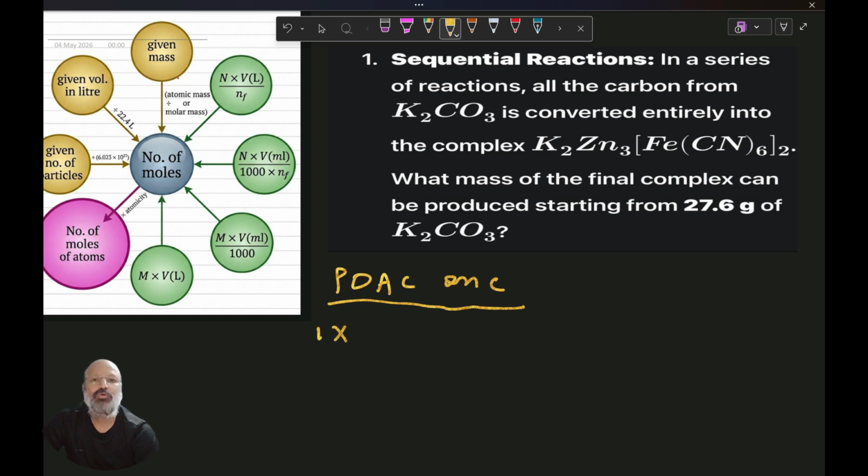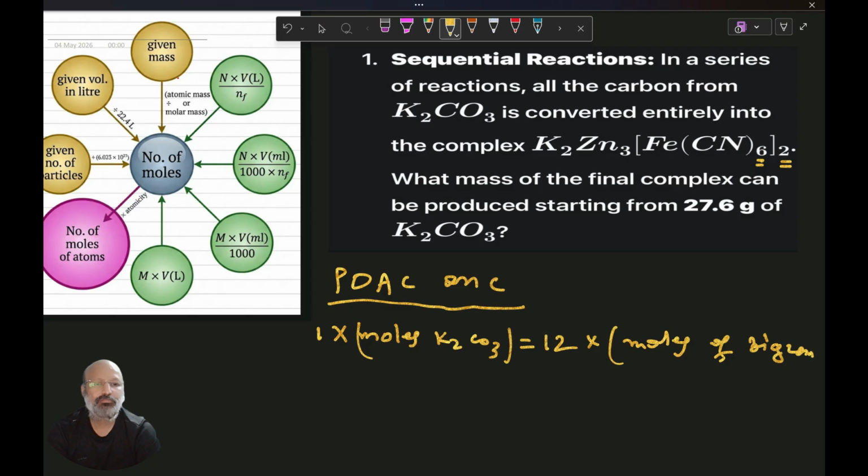So 1 into moles of K2CO3 is equal to, now you need to understand how many atoms of carbon there are. Here you can see the 6, and outside another 2 is there. It means 12. So it is equal to 12 into moles of this big compound.